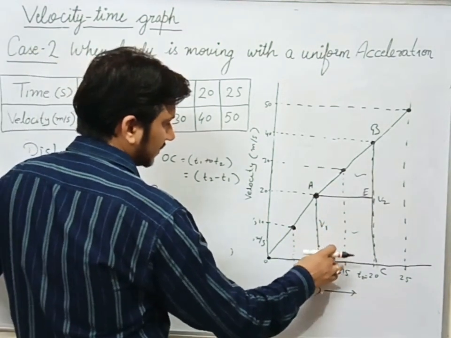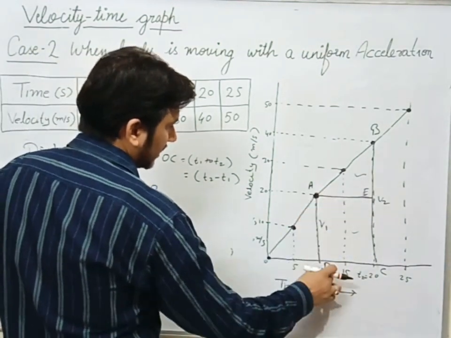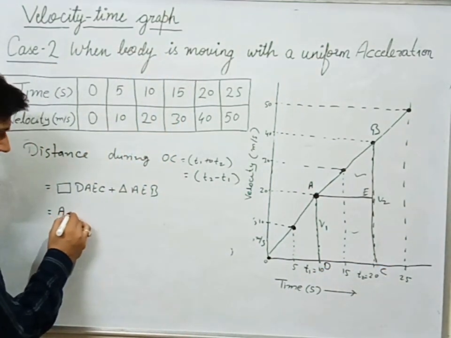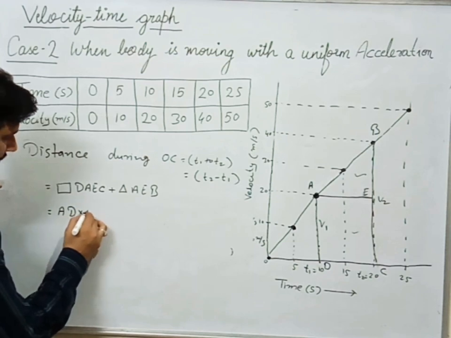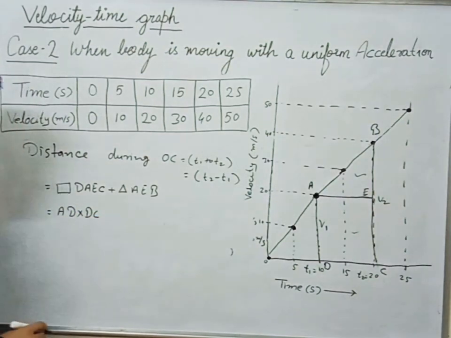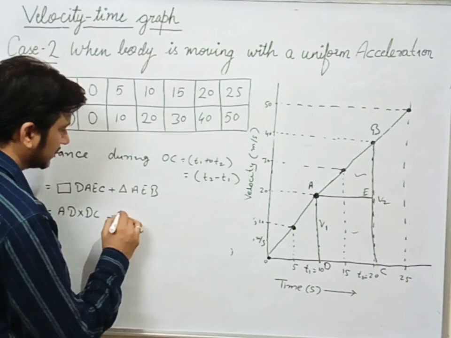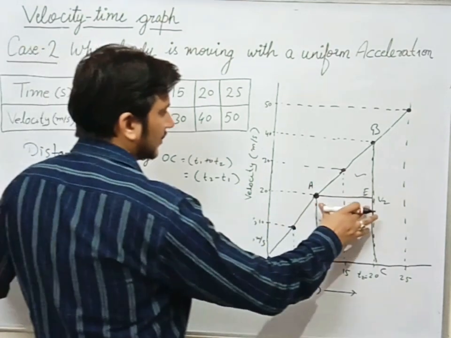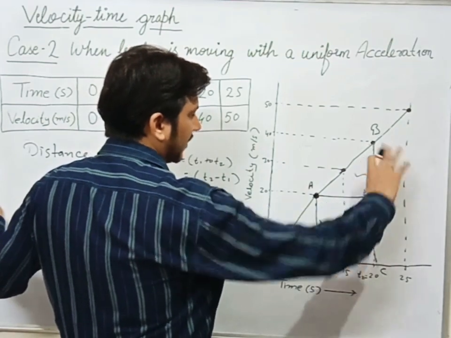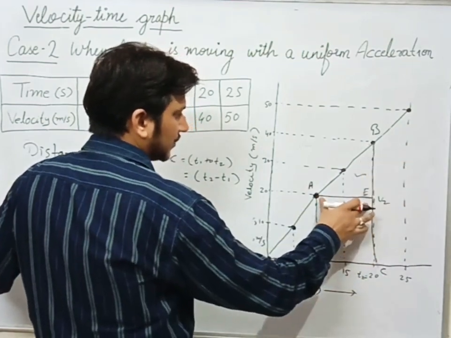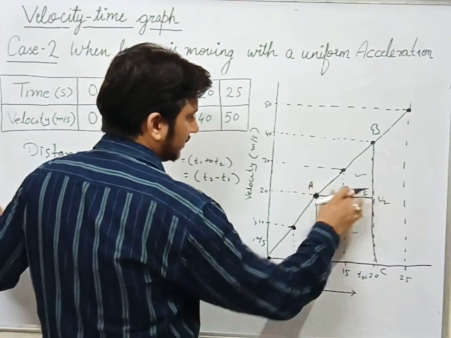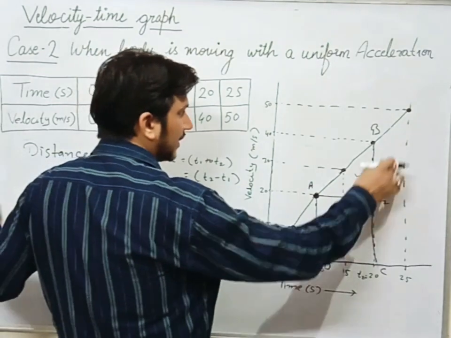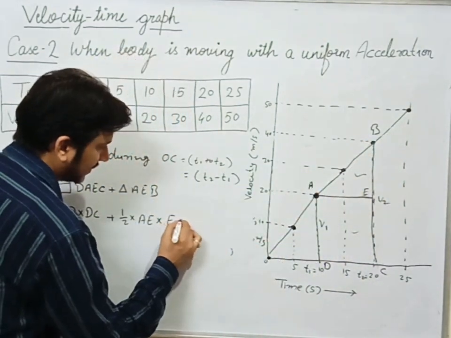It means V1, AD into DC, plus the area of the triangle, half into base into the perpendicular. So the base is AE into EB.